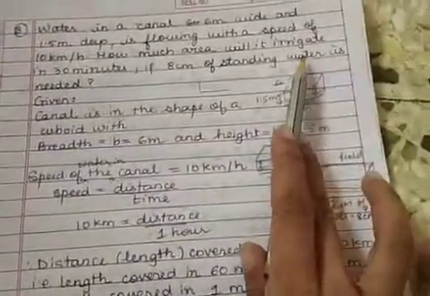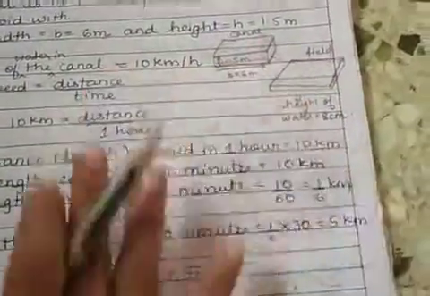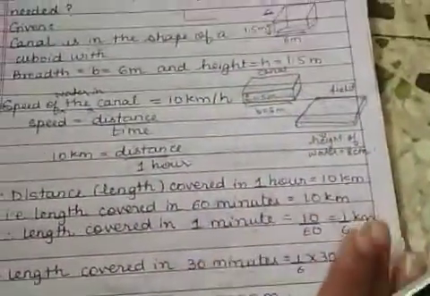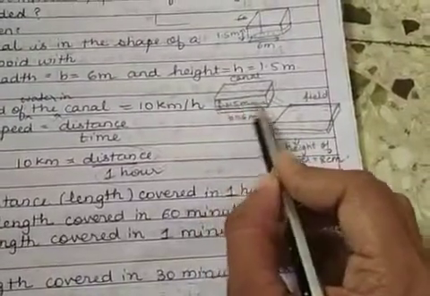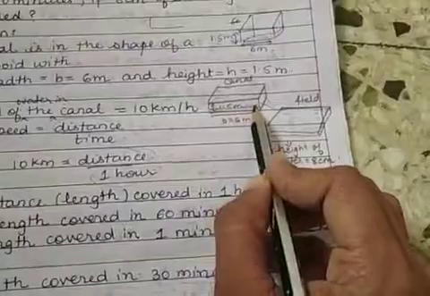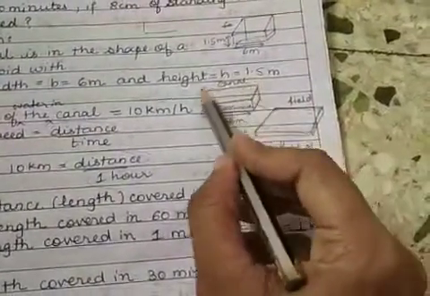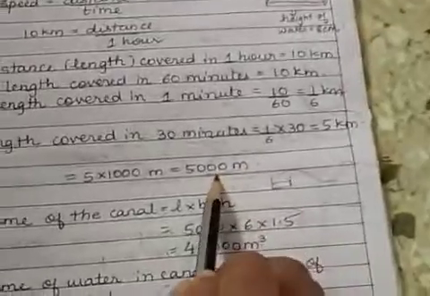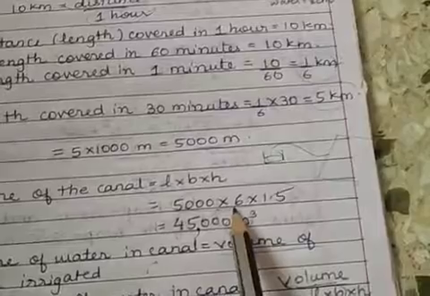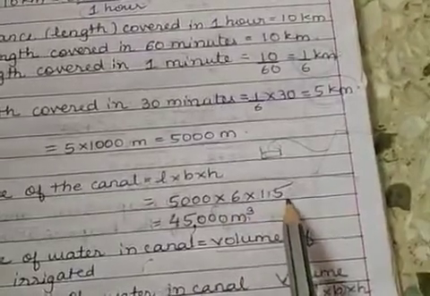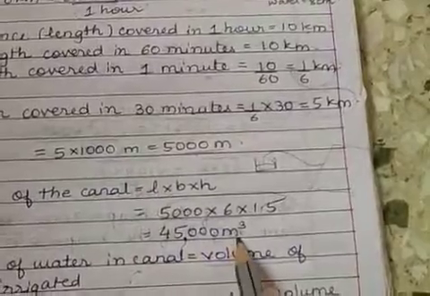We are asked to find how much area will it irrigate in 30 minutes, so we are keeping the time as 30 minutes. Now let us find the volume of the canal, because we have got the length, breadth and height. So volume of the canal is 5000 multiplied by 6 multiplied by 1.5, which is 45,000 meter cube.